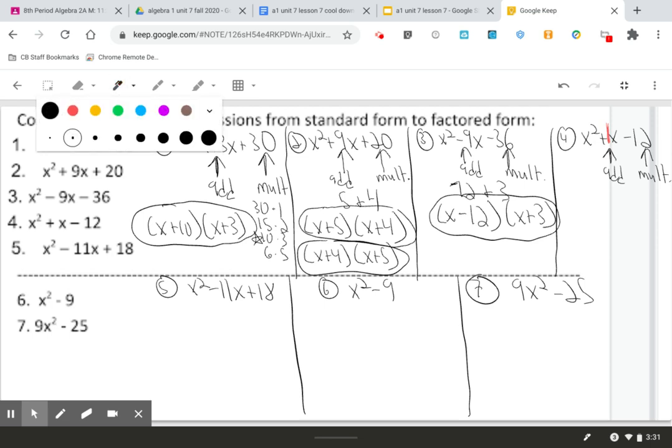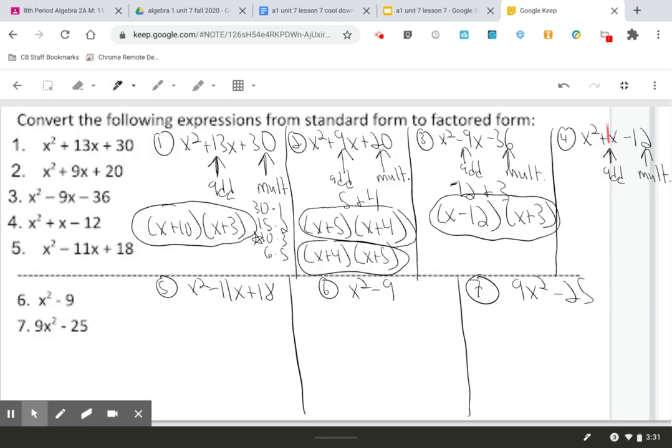So now I need two numbers so that when I add those two numbers, I get +1, and when I multiply those two numbers, I get -12. So two numbers that add up to +1 and multiply to -12.